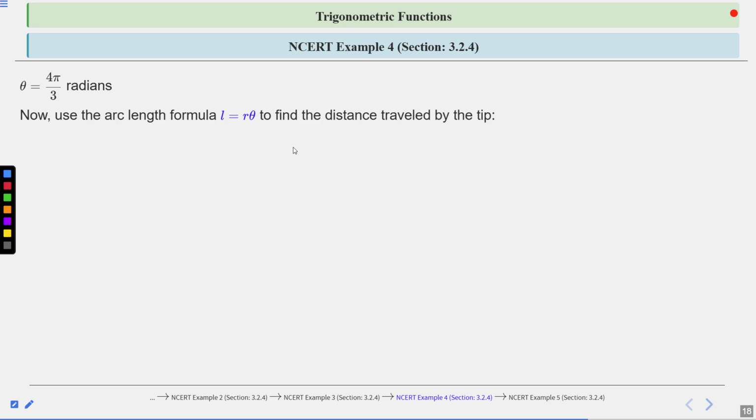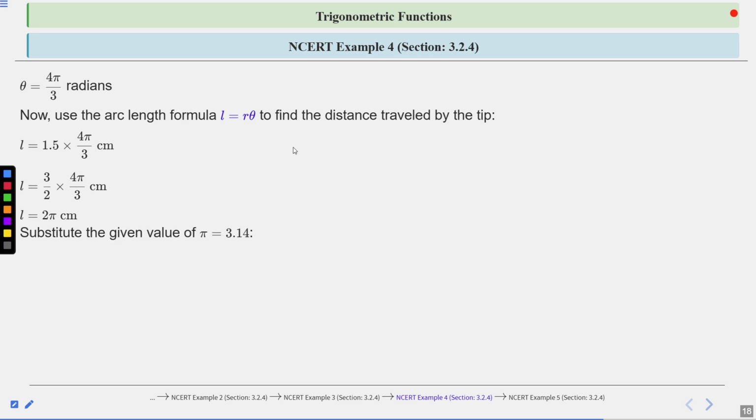Now it is easy to use the formula that arc length is the product of the radius and angle measure in radians in order to get your distance or your arc length. So this L is 1.5 times 4 pi by 3. After changing this 1.5 into a fraction, you'll get 3 by 2. So 3 by 2 times 4 pi by 3. So L becomes just 2 pi.